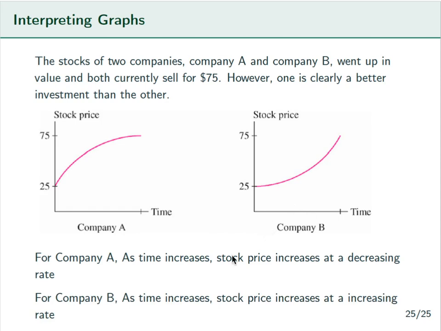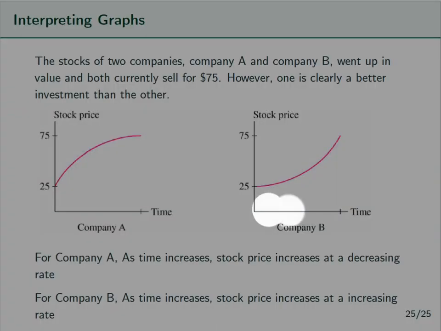For company B, as time increases, the stock price increases at an increasing rate. So same idea, if you construct the same time intervals: 1, 2, 3, 4, 5, 6, 7, 8, 9. The amount of height it changed during the first 3 months is smaller than the amount of change during the next 3 months, and even more here, right?